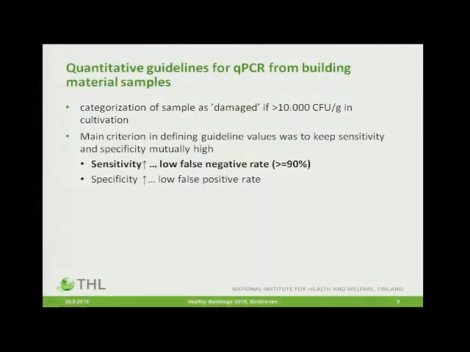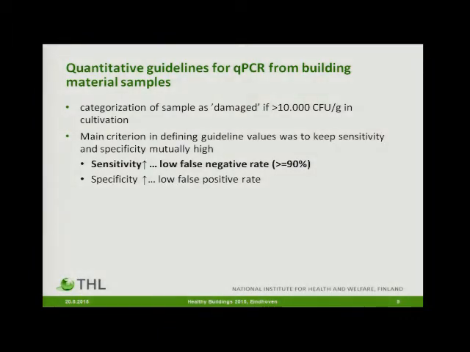If we use cultivation as the gold standard method, then high sensitivity would mean whatever is positive, meaning damaged in the cultivation approach, you always categorize also as positive or damaged with the qPCR. Specificity would mean that if it's negative in cultivation, or non-damaged, you also want it to be non-damaged in qPCR.